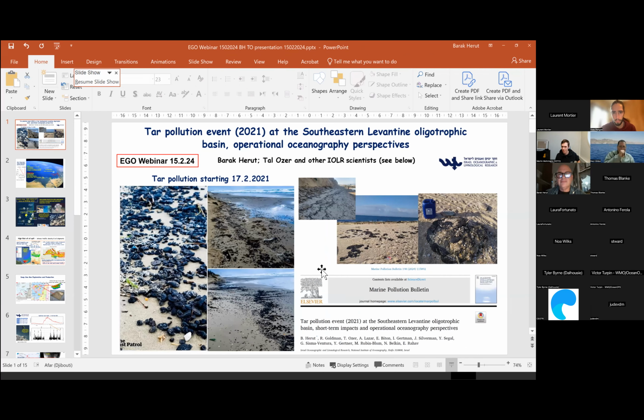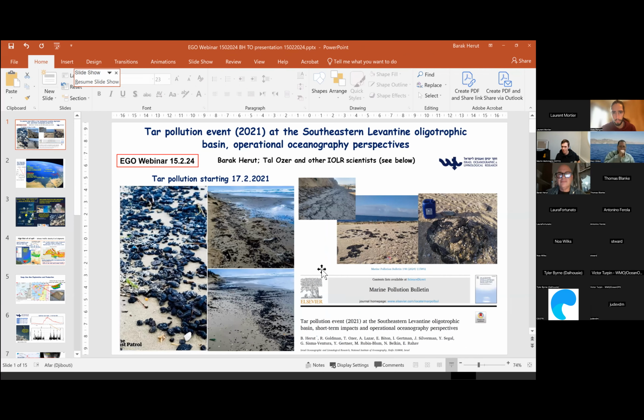On the 17th of February 2021, we observed large amounts of tar that beached along the Mediterranean beaches of Israel. It is marked in this red line on the right of the figure.